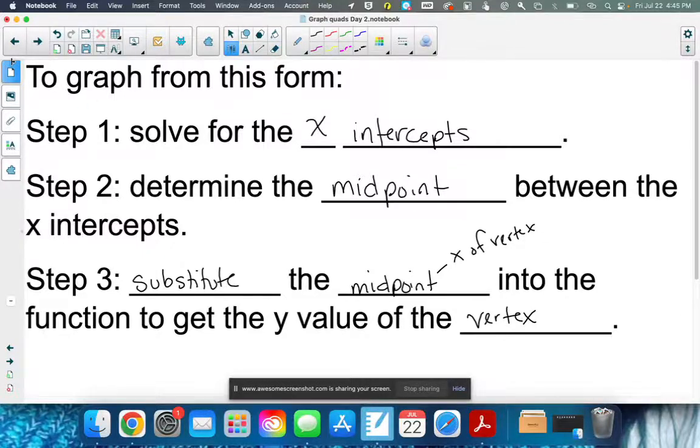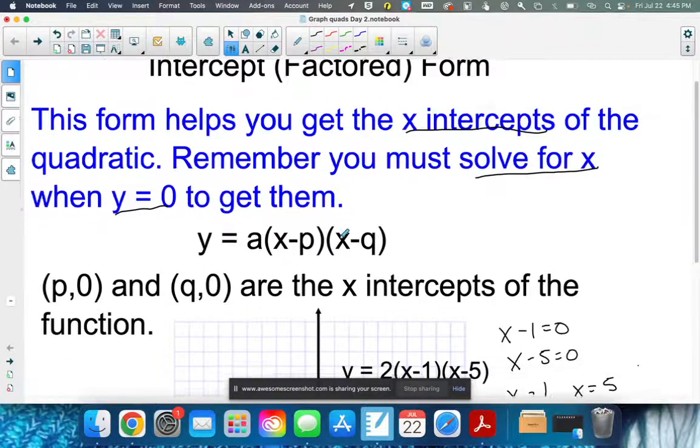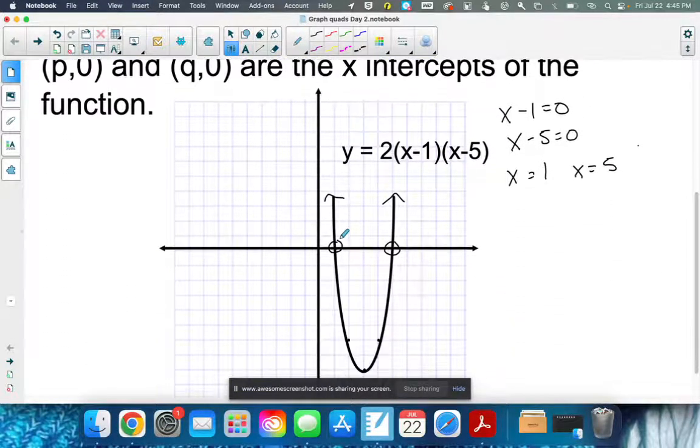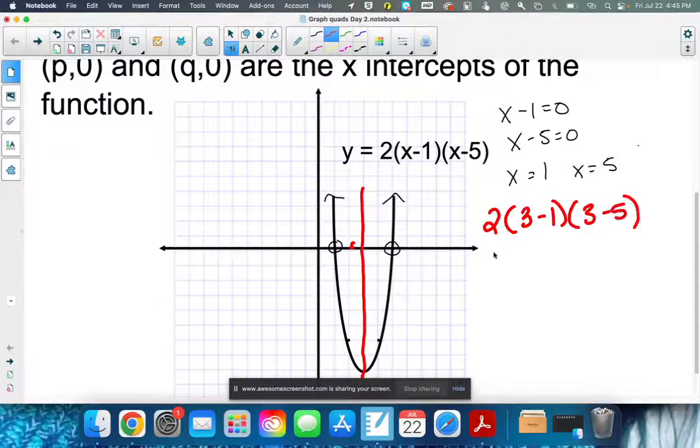So if my x-intercepts are at 1 and 5, halfway between 1 and 5 has to be 3. And that has to be my axis of symmetry going through my vertex. So I can take 3, that's my x value, and substitute that in for both x's and then simplify.